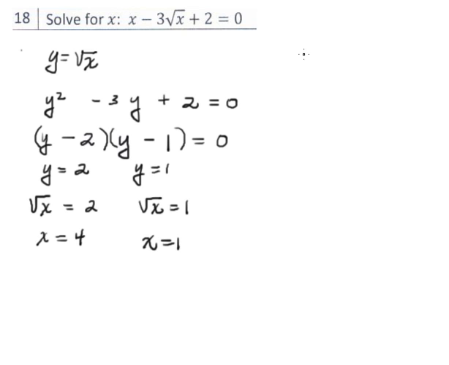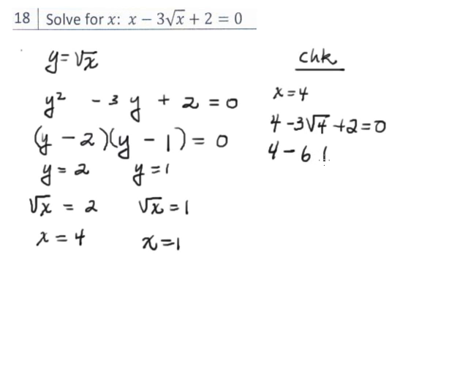And now let's do a check. Okay, so first x equal 4 back into the original equation. So we have 4 minus 3 square root of 4 plus 2 equals 0. That's 4 minus 3 times 2 minus 6 plus 2 equals 0, and that's correct.